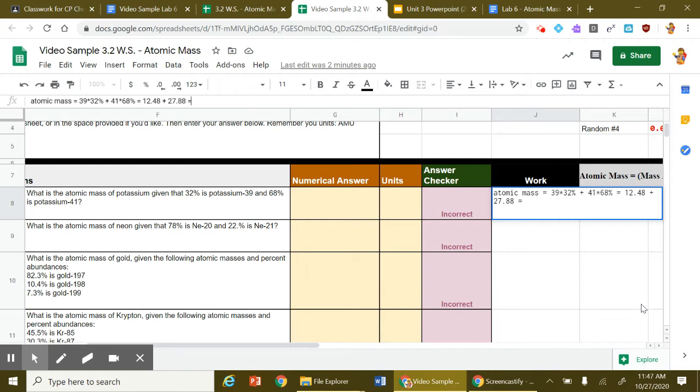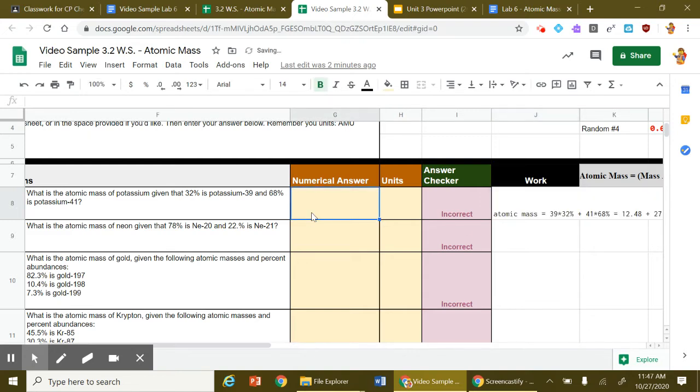It should be somewhere between 39 and 41, and it should be closer to 41 because you have a higher percentage of 41. So when I add these guys together, 12.48 plus 27.88, I get 40.36. Great.